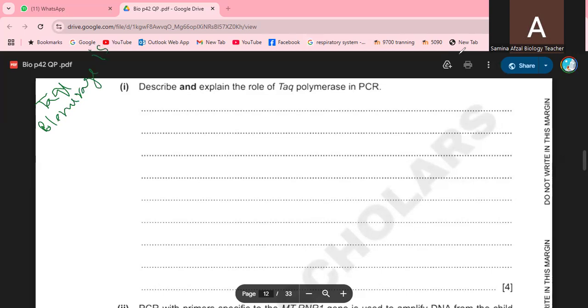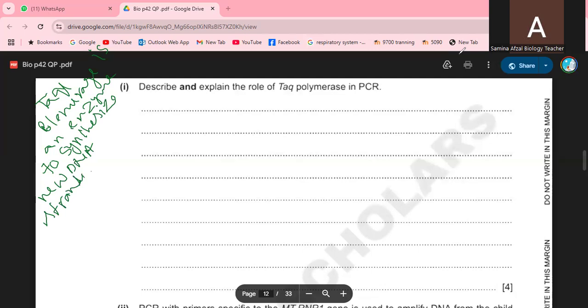Polymerase is an enzyme to synthesize new DNA strands.